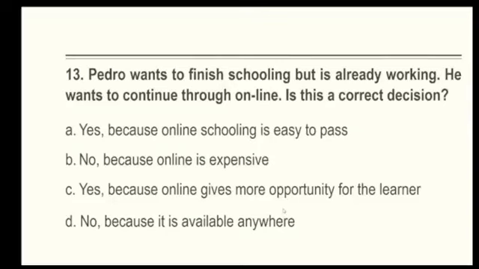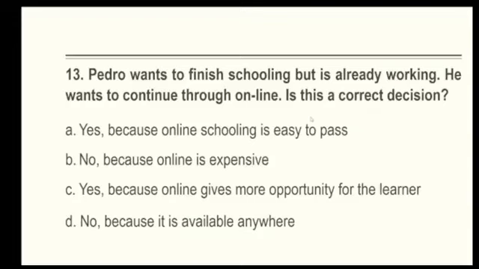Okay, so I see answers letter C. Okay, correct. That's letter C because online gives more opportunity for the learner, because like you, like me, we can multitask, no? We can do things in our own space while we are listening or learning.